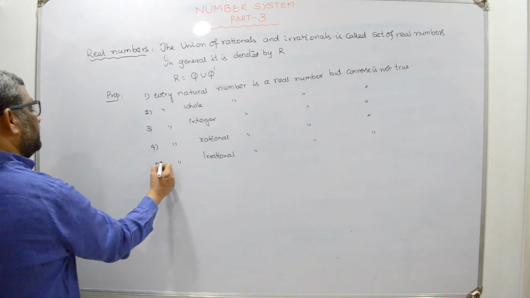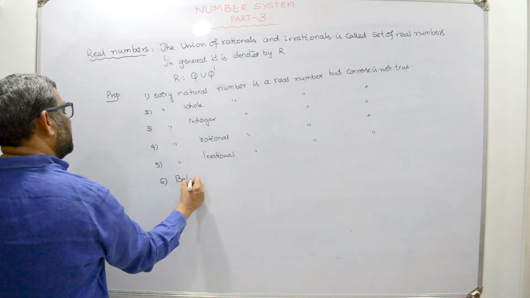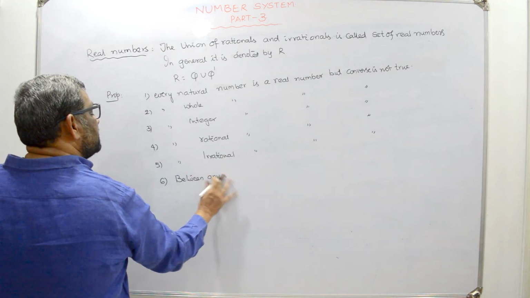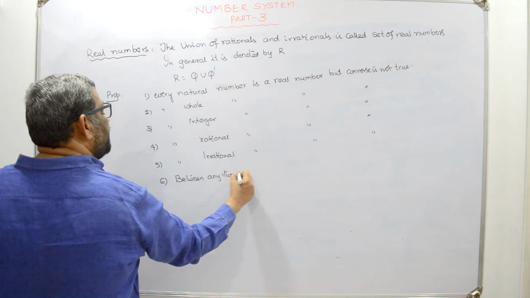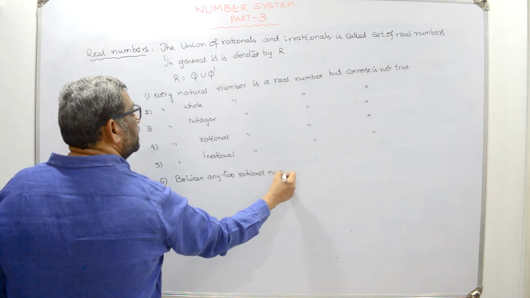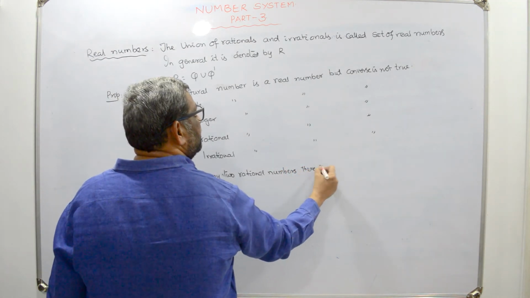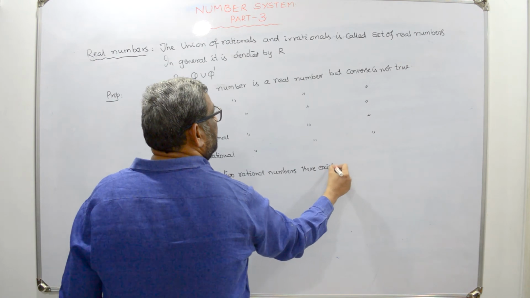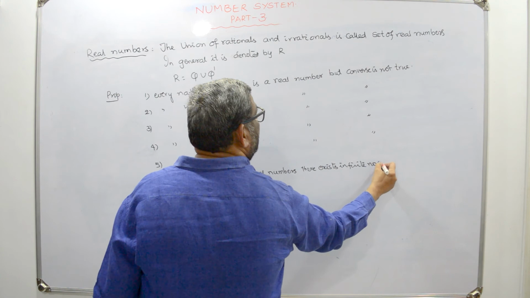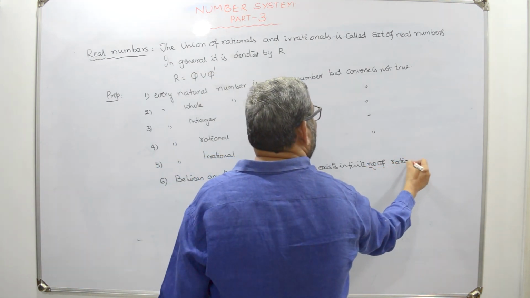And now, between any two rational numbers, there exists an infinite number of rationals.